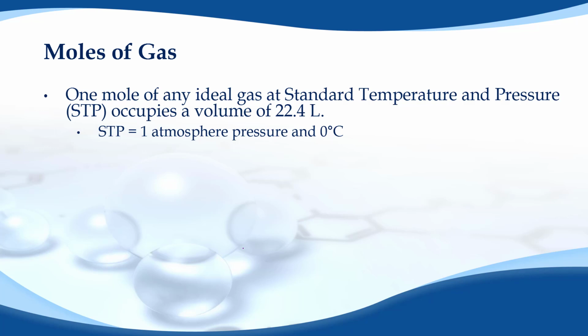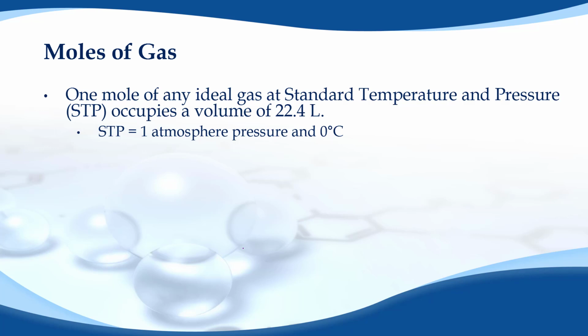For any ideal gas at what is called standard temperature and pressure, which we abbreviate STP, which means 1 atmosphere, which is normal atmospheric pressure, which you're feeling around you right about now, unless, of course, you're watching this in the middle of a hurricane, and 0 degrees Celsius.